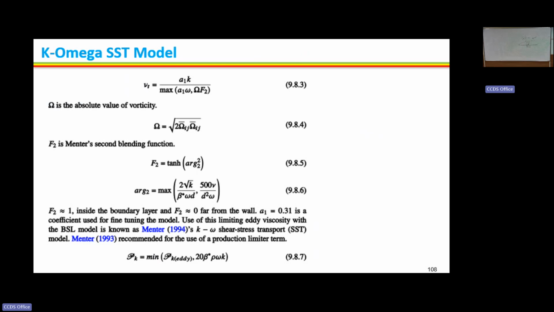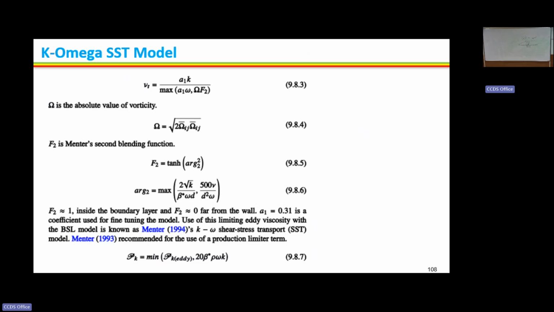If the maximum is a1 omega, this is exactly k by omega. If the maximum is the mean vorticity, then it will blend again with another function F2 times mean vorticity.